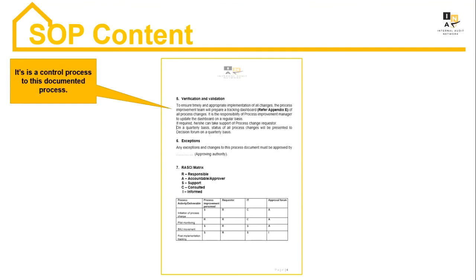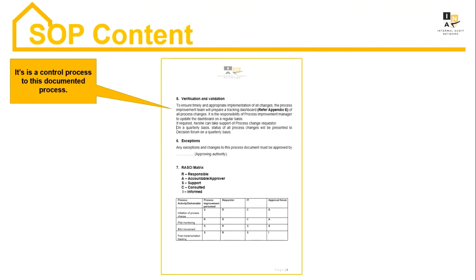If you are documenting any P2P process or manufacturing process, or say recruitment process, performance management process, you have this clause in place, the verification and validation. This clause is verifying and validating the particular process which has been documented in this manual. In this manual, we have documented the process change process, so this verification is related to that.